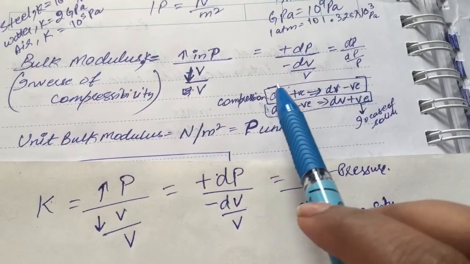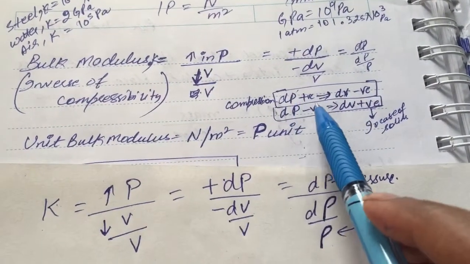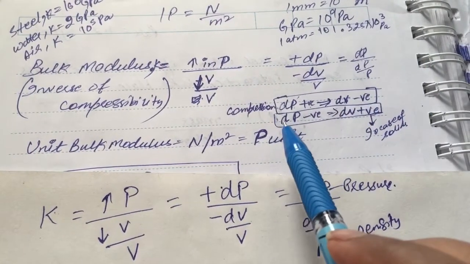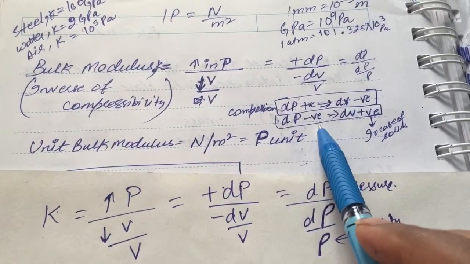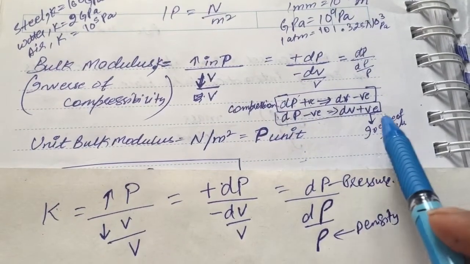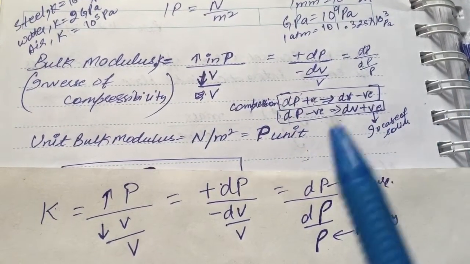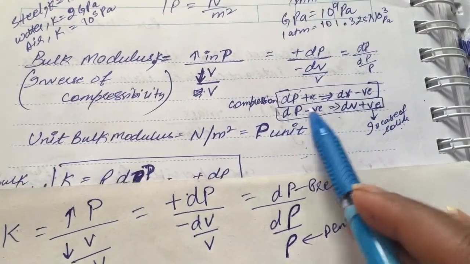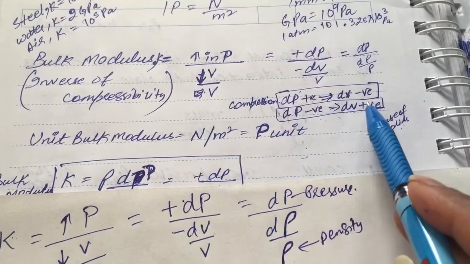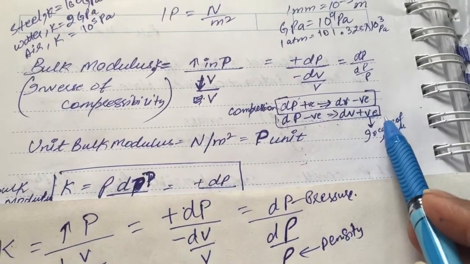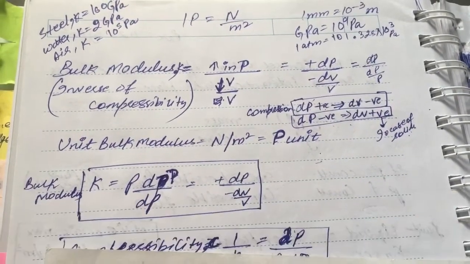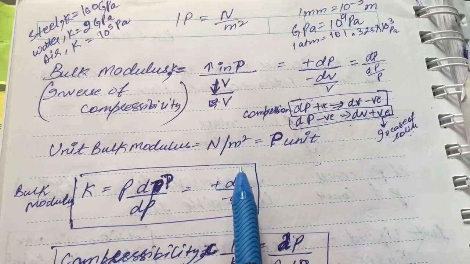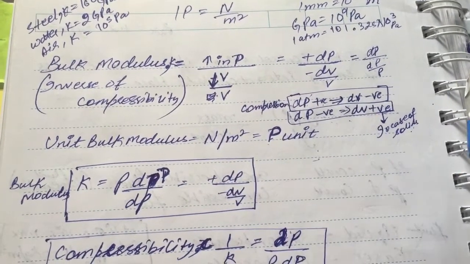In case of compression, dP is positive, so dV would be negative. And when dP is negative, change in pressure is negative, then change in volume would be positive. This is in case of solid. And unit for bulk modulus is Newton per meter square, which is also unit of pressure.